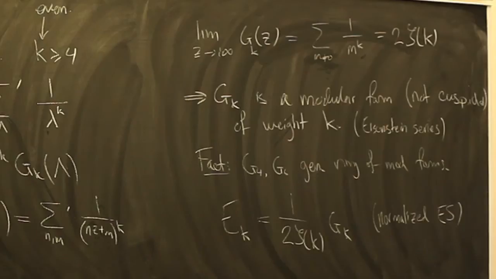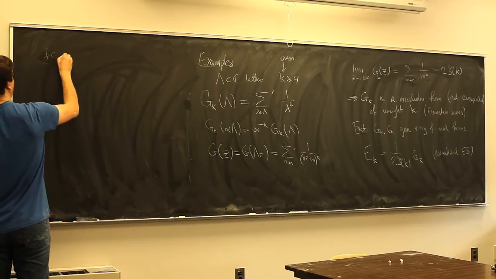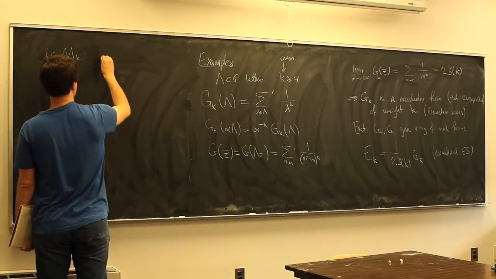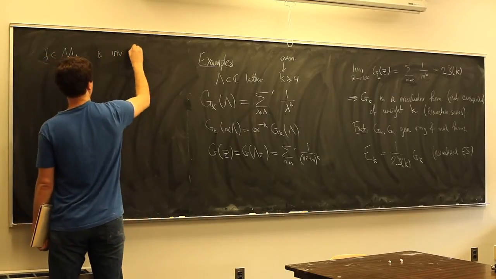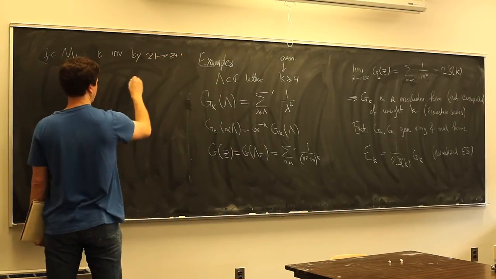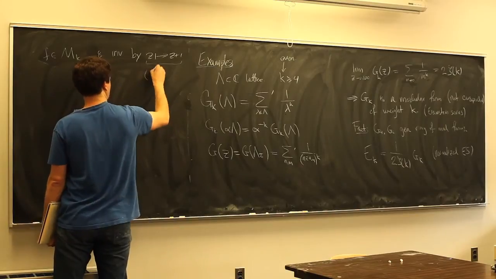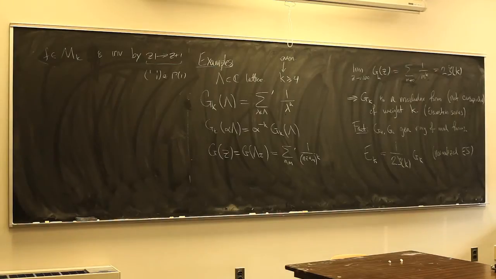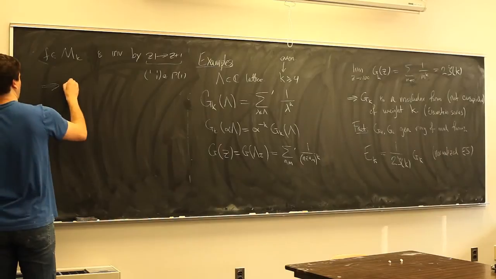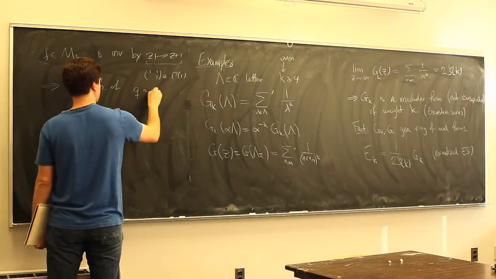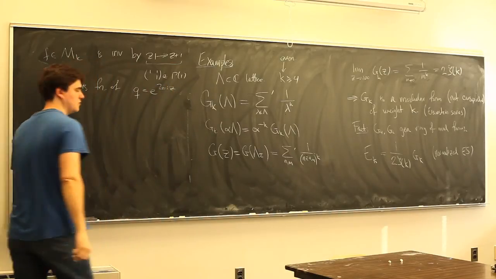All right, so a general thing that happens is if you have a modular form, then it's invariant under z goes to z plus 1. I'm thinking of this as a function on the upper half plane, and this transformation comes from the element here. And so this means that you can write f as a function of e to the 2 pi i z, which is usually called q.